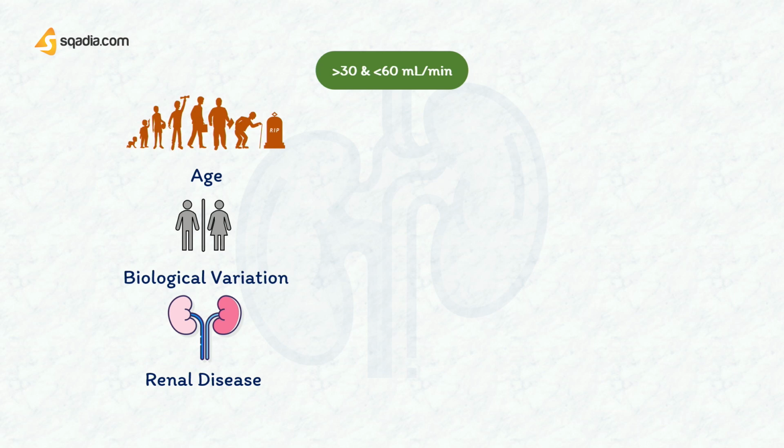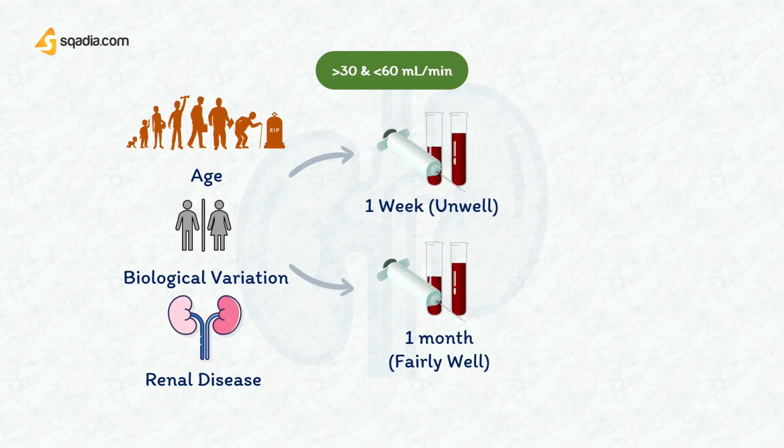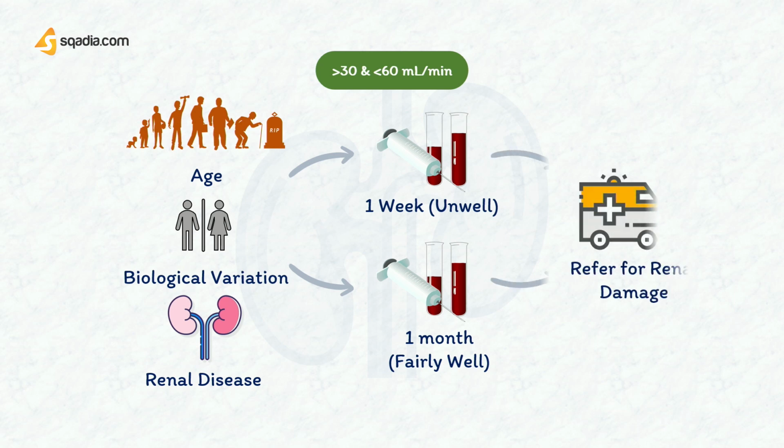Now, we have to evaluate such a patient immediately and repeat the evaluation after 1 week in unwell patients. And if the patient gets well, we have to evaluate them again in 1 month. Remember that we must refer all those patients with renal damage to a specialist.